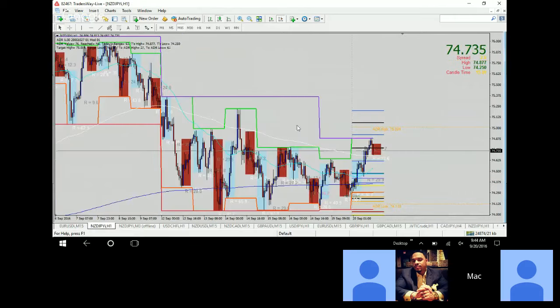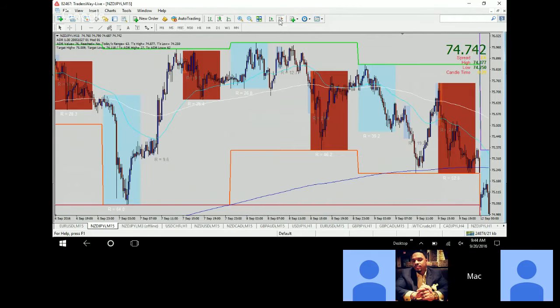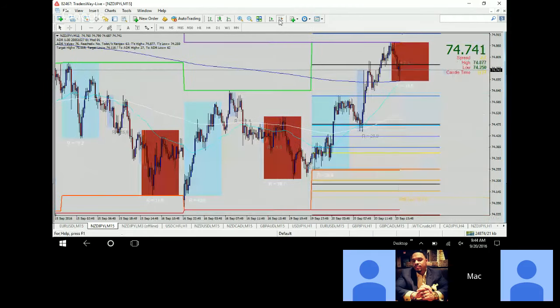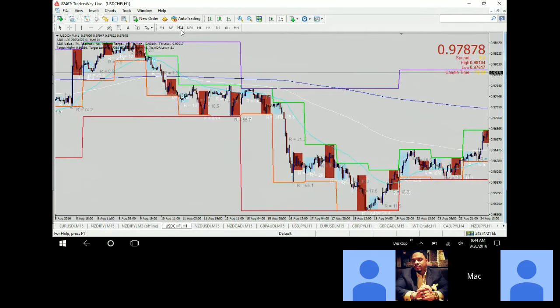Usually at the beginning of the week, you're not going to get that much movement. You will get it on some pairs, but not a lot. Wednesday through Friday is when you really see the moves. I was looking at USD Swiss franc.